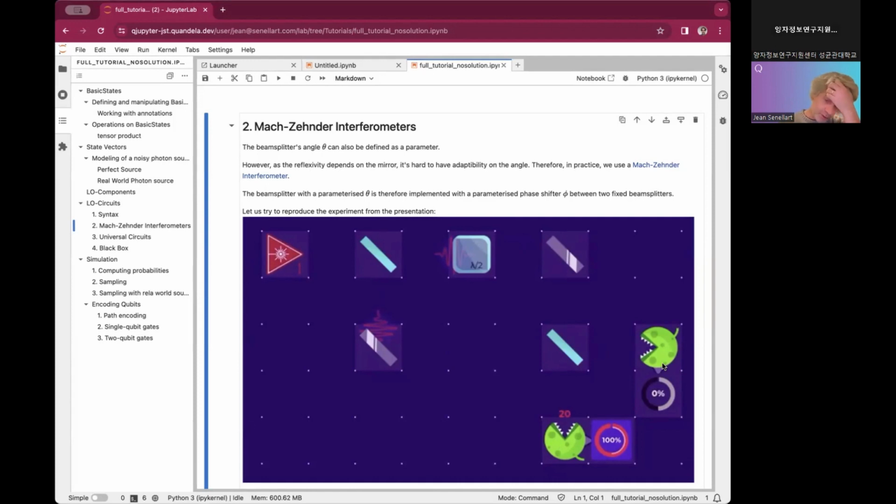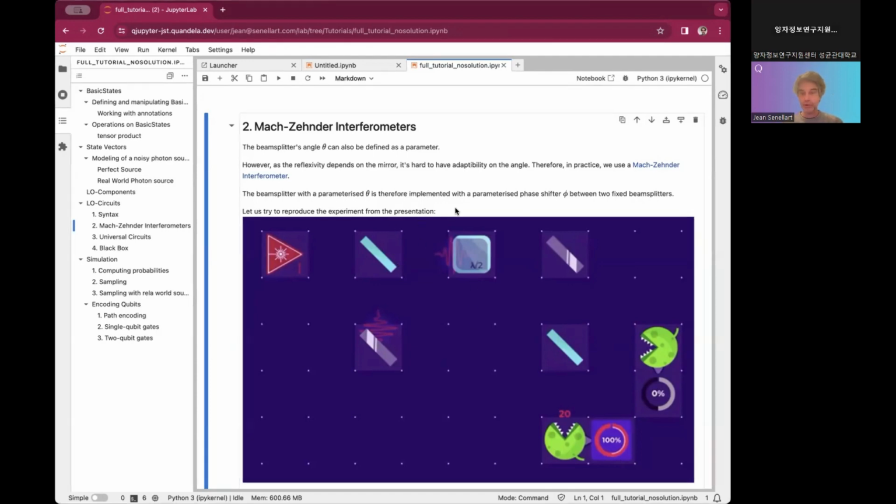One of the reasons that we are using MZI is that technically it's very hard to have a beam splitter with a reflectivity that changes. Since we cannot have a physical beam splitter with a changing reflectivity, we make an MZI, and we will see that the MZI is actually exactly equivalent to a parametrizable beam splitter.